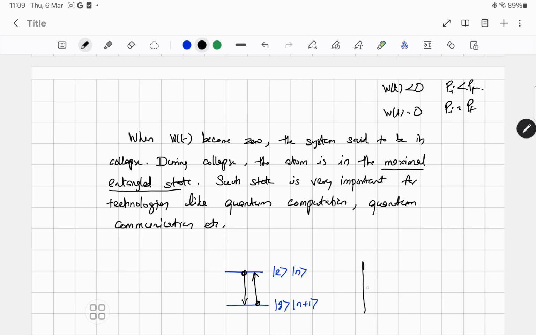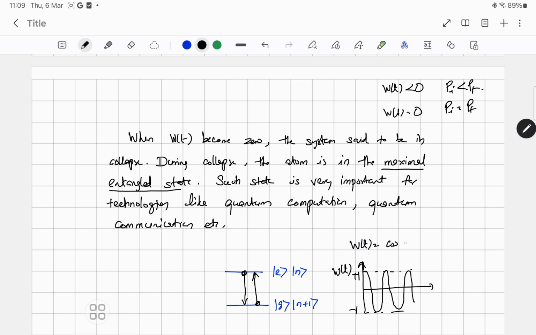And if you look at W of t, it varies between +1 and -1. You can see that it continuously and very harmonically varies between +1 and -1.